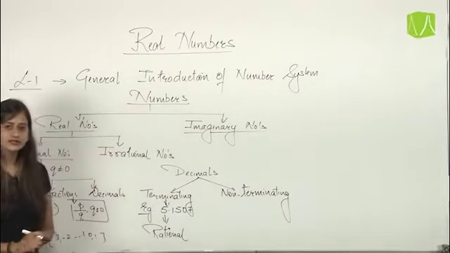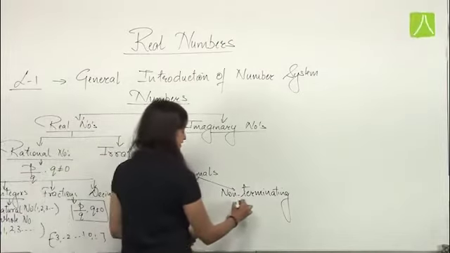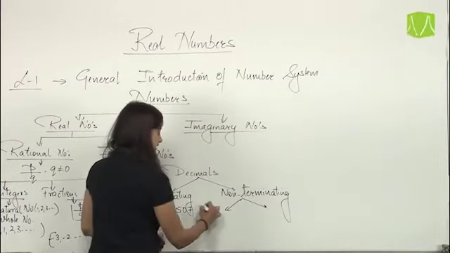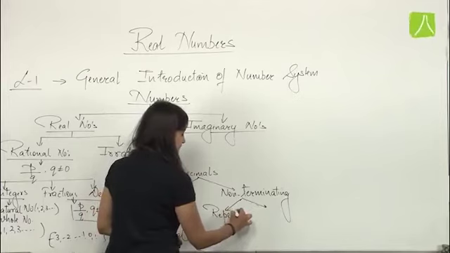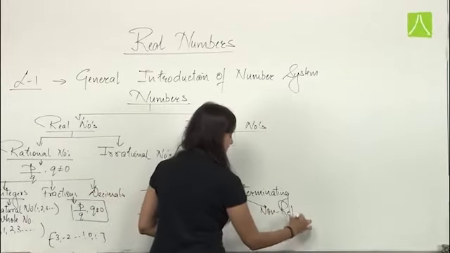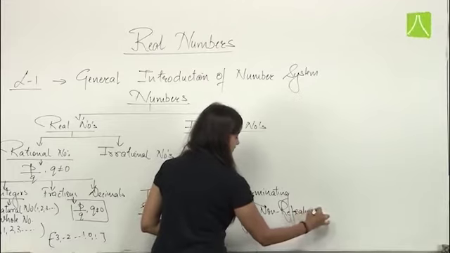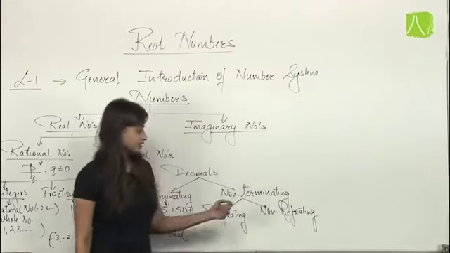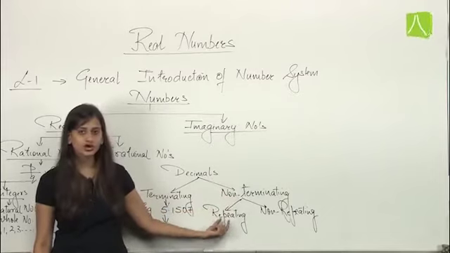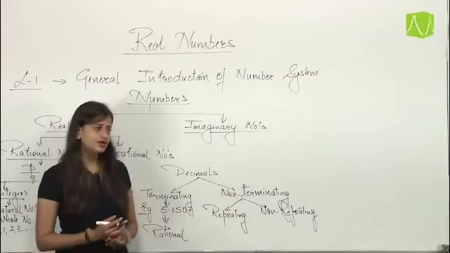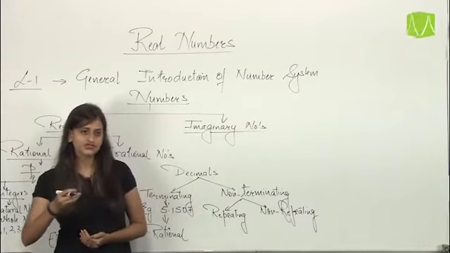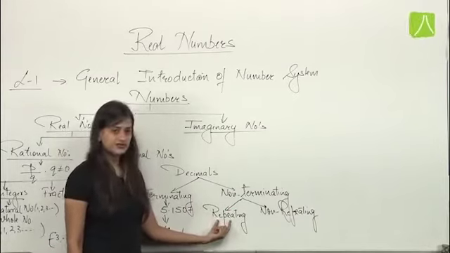While non-terminating decimals are further classified as repeating and non-repeating. Non-terminating means numbers which never terminate after dividing.